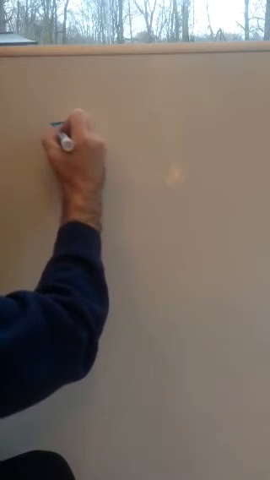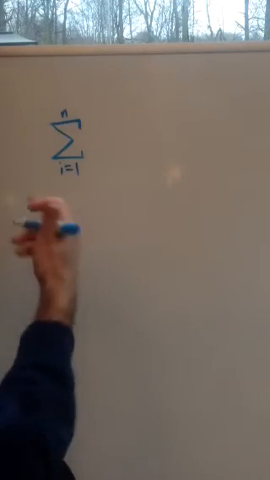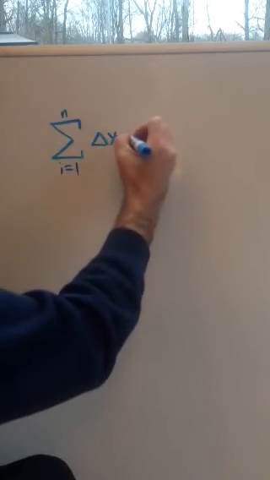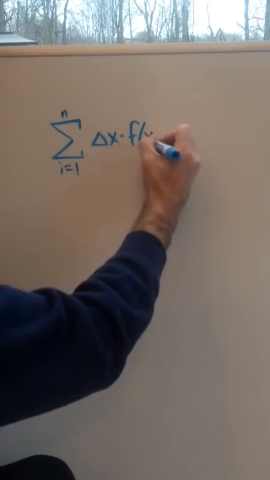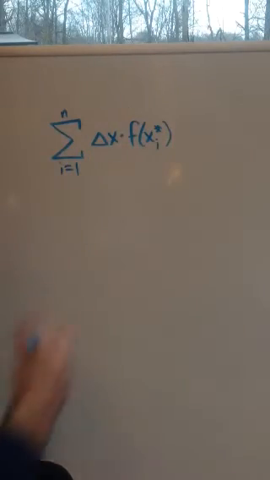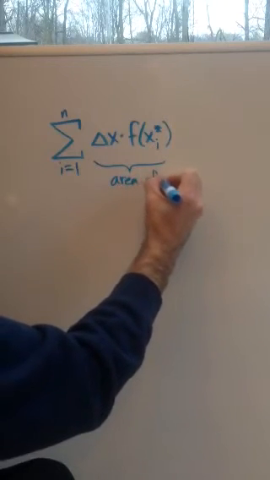Okay, so summation symbol. You might remember that from pre-calculus. We're going to start at the first interval and go to n. So we're going to add up all of the areas. To find the area each time, we're taking delta x and multiplying it by f of x sub i star. So again, this is the area of each rectangle.